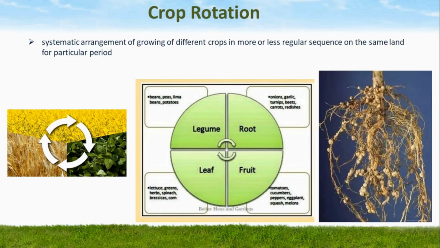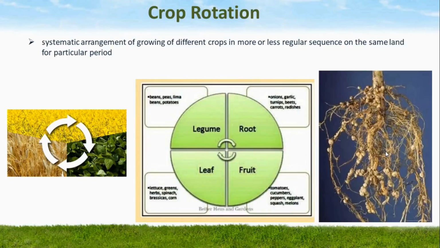Crop rotation is a systematic arrangement of growing of different crops in more or less regular sequence on the same land for a particular period. Selection of a particular crop and subsequent next crop is very important. Crop is selected on basis of soil fertility management, weed, insect, and disease control.